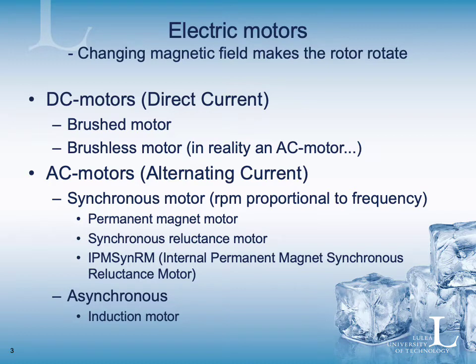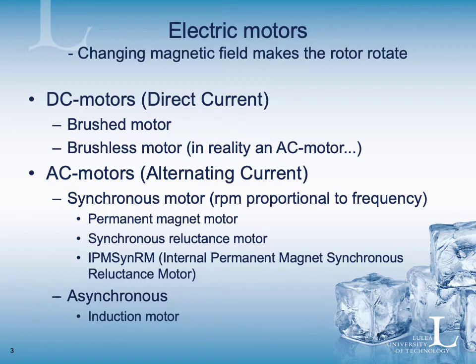And that could be, for instance, a permanent magnet motor, or a synchronous reluctance motor, or a combination of these two, IPM-SynRM, internal permanent magnet synchronous reluctance motor, a tricky word. And they can also be asynchronous, which is normally what we call an induction motor.